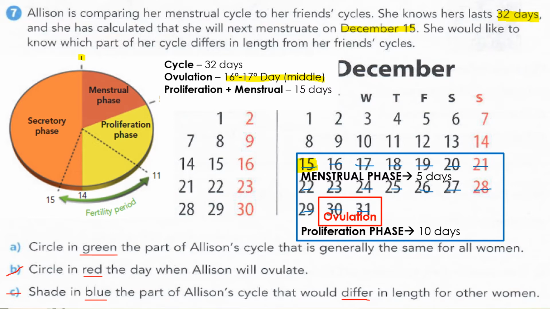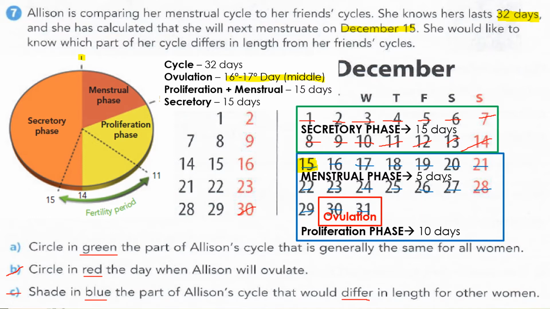What's generally the same is the secretory phase. So the secretory phase, another 15 days, just before the menstrual phase. So 1, 2, or after the ovulation, but I'm counting before the menstrual. 3, 4, 5, 6, 7, 8, 9, 10, 11, 12, 13, 14, and 15 here in November.